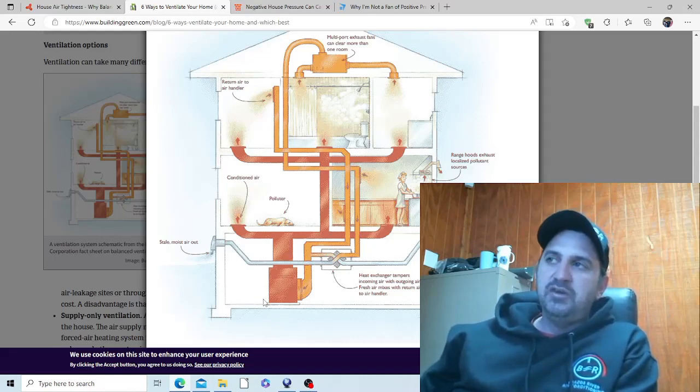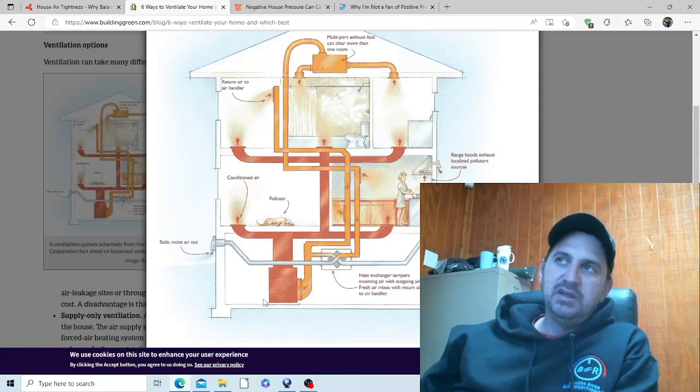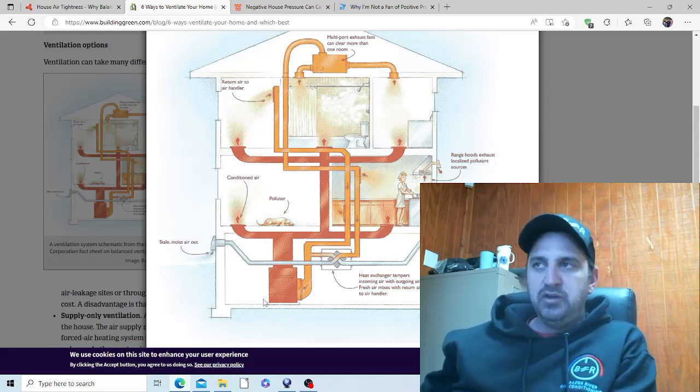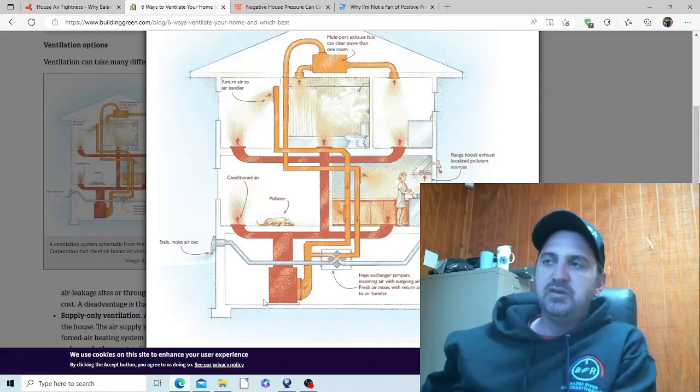You're addressing your humidity problems in the kitchen and in the bathrooms, where most of it is created, as it's being created. You're addressing the stale air in the home with a controlled ventilation in, and hopefully using an ERV or an HRV to where you're conditioning that air as it moves through.